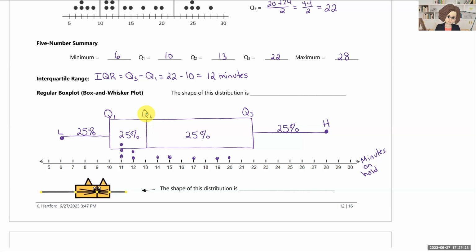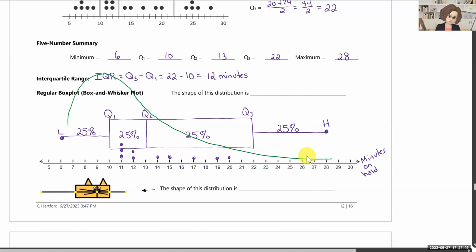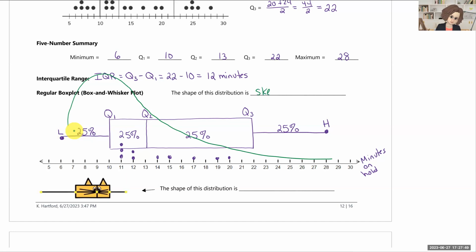So if you look at Q2, this half of the data is in a smaller region, a smaller range, than this half of the data, which is all spread out. So you might be able to visualize the histogram. There'd be more data in a small region there, and then it's all kind of spread out to the right. So that shape is skewed, and it's skewed to the right.